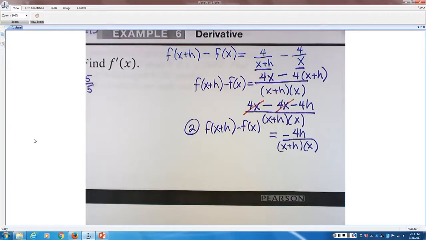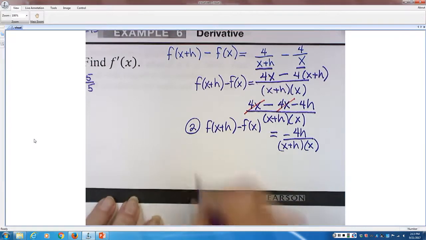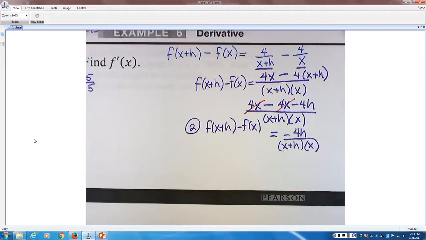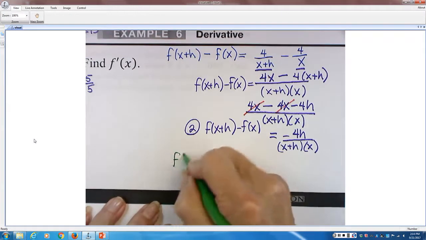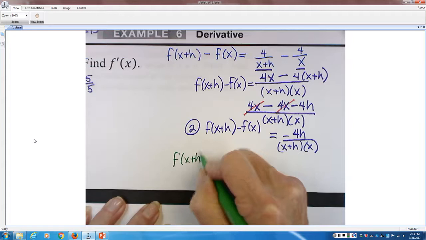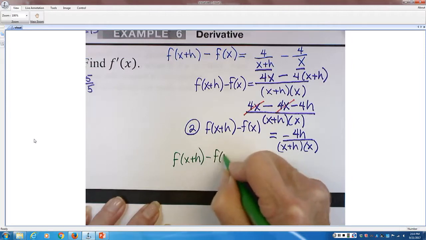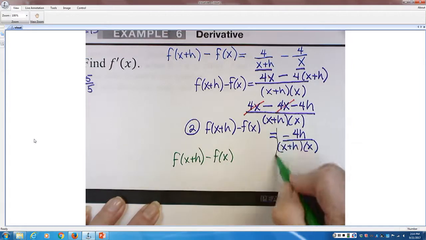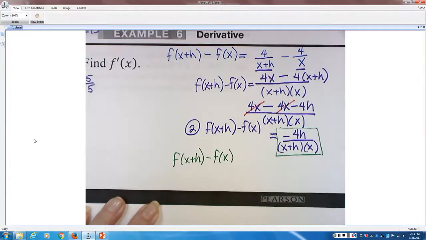Now, what I want to do with that is I want to now find f of x plus h minus f of x, which I have right here, and I want to divide it by h. Okay? I want to put it over h.